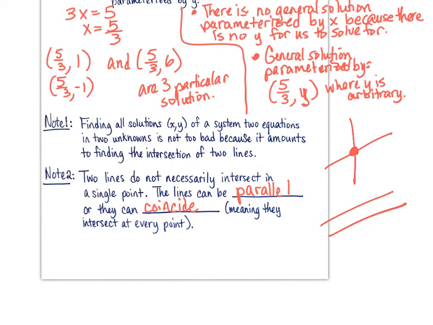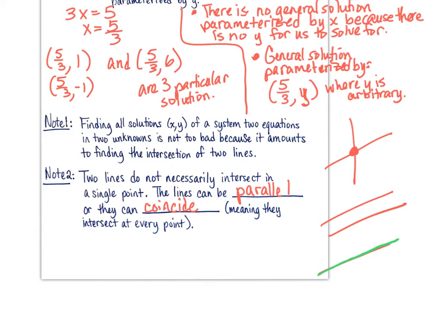There is no solution here. Or you may have a line that coincides with another line. So they lie on top of each other like so, which means you have how many solutions? Infinitely many. You have infinitely many solutions in this case. Okay? What questions do you have?